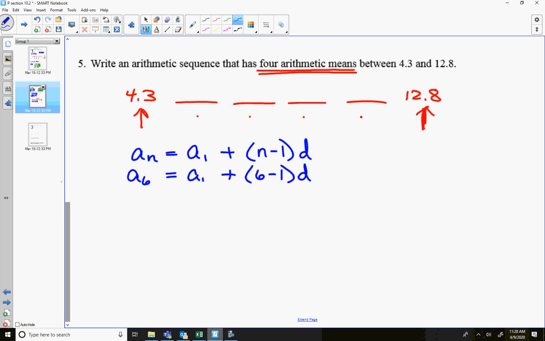So the sixth term is 12.8. First term is 4.3. The common difference, d, is the unknown. Solve for your unknown.